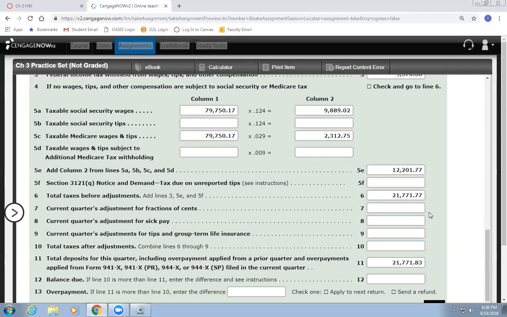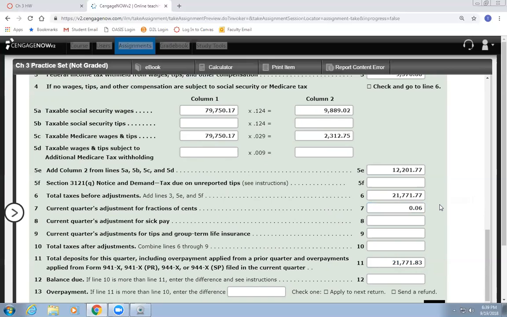So we take line 11, the 21,771.83 that we withheld, and subtract what we calculated on this form, the 21,771.77. It's just a 6 cents difference. On line 7, it says current quarter's adjustment for fractions of cents, so I'm going to put that difference there, 0.06.